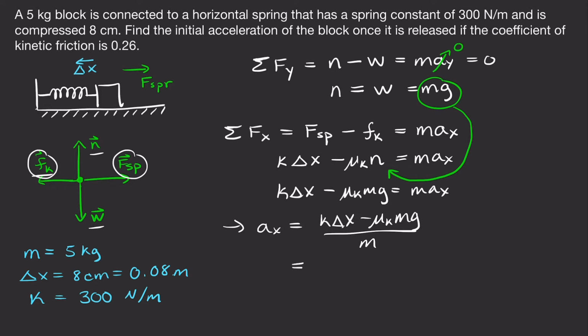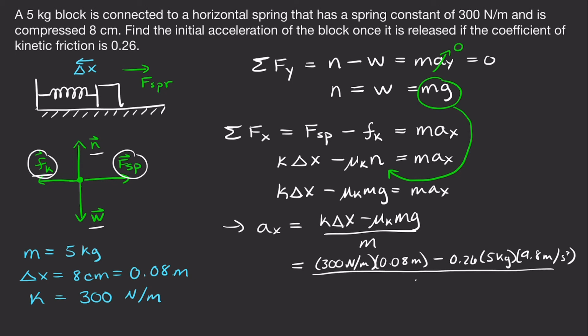And if we plug all of that in, 300 newtons per meter times 0.08 meter displacement minus 0.26 coefficient of friction, 5 kilogram mass, our value for g, and then the mass again, 5 kilograms, we get an initial acceleration of 2.25 meters per second squared.